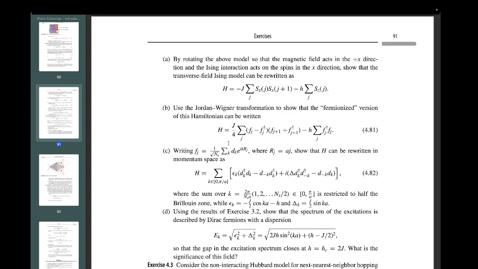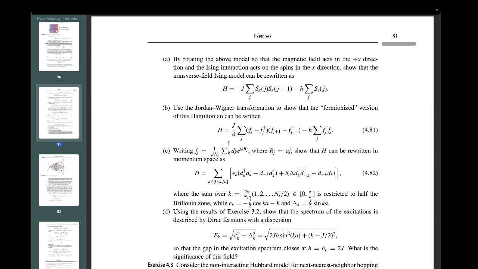It gives me F_j dagger e^{i phi_j}, let me take 1 by 4 outside as common, plus F_j e^{-i phi_j} multiplied by F_{j+1} dagger e^{i phi_{j+1}} plus F_{j+1} e^{-i phi_{j+1}}. Alright, you have a capital J outside, which I forgot conveniently.